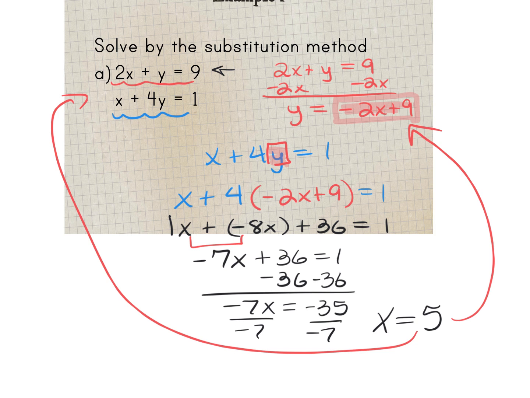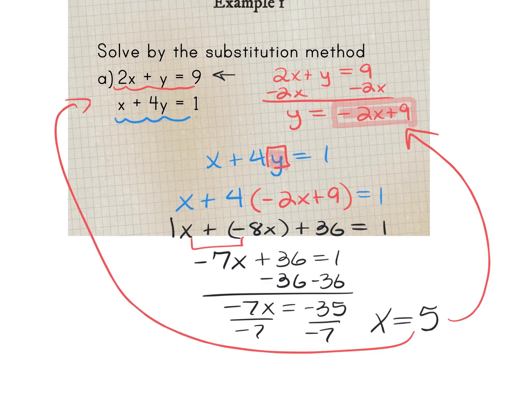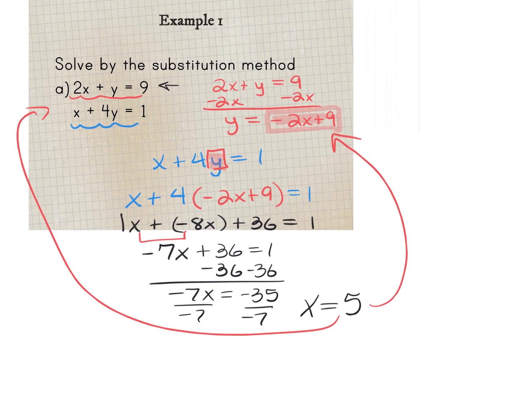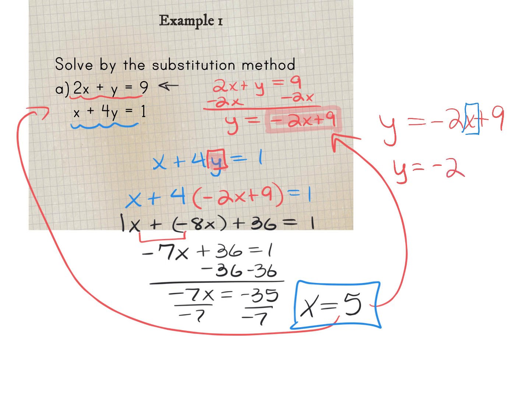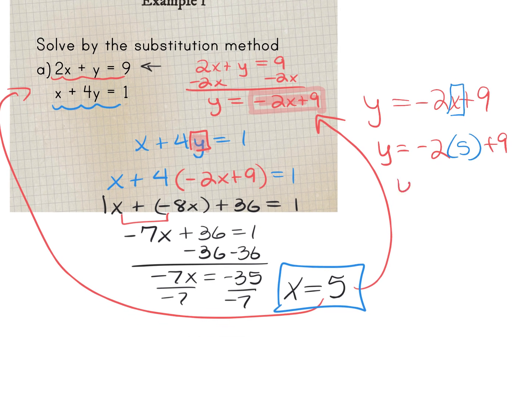I'm going to use my rearranged equation, y equals negative 2x plus 9. So I'm taking out x, and I'm replacing it with a 5. So y equals negative 2 times positive 5 plus 9. Then I get y equals negative 10 plus 9, and y equals negative 1.